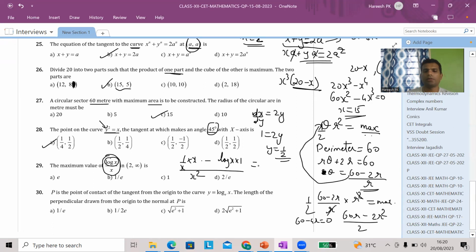This thing should be 0. That means log x should be how much? Log x should be 1. So x has to be e. So when I substitute x as e, I'll end up getting log e by e. Log e is 1. So the answer is 1 by e.